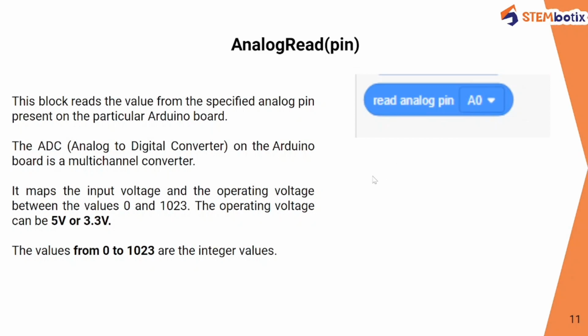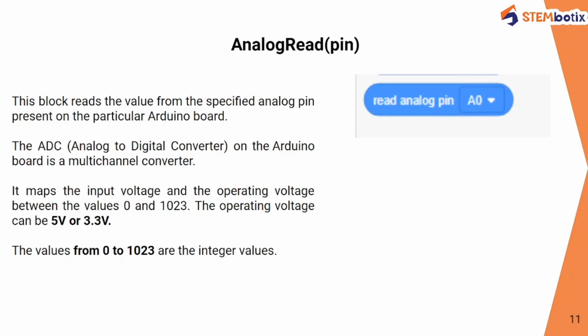In this block, it reads the value from the specific analog pin present on the particular Arduino board. The ADC, which means analog to digital converter, on this Arduino board is a multi-channel converter. So when we need to convert our signal from analog to digital, the ADC on the Arduino board is a multi-channel converter.